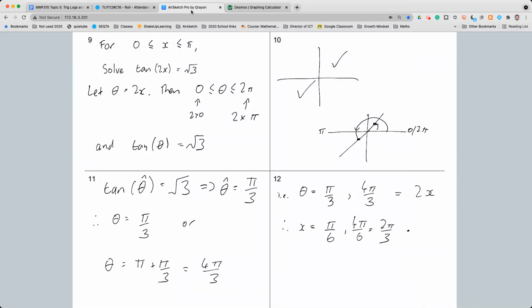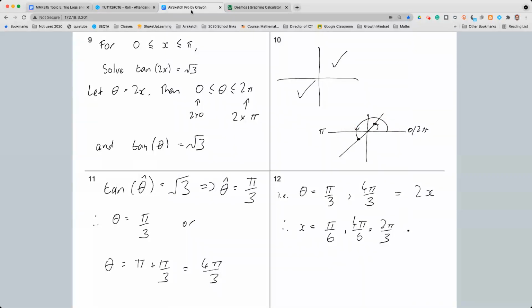Notice that once I've done this final step of dividing both sides by 2, or halving both sides, to get my new angles, although these were between 0 and 2 pi, 0 and 360, these angles are back between 0 and pi. Pi on 6 is there, and 2/3 of pi is about there.